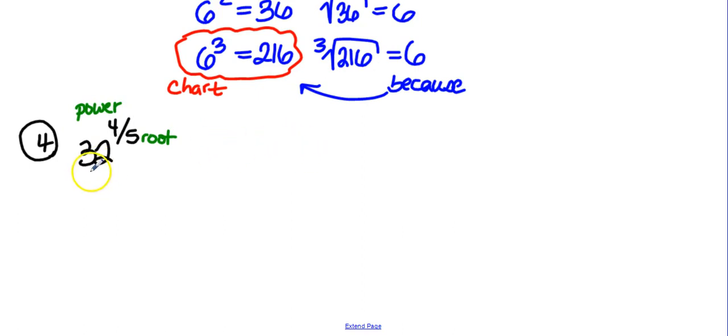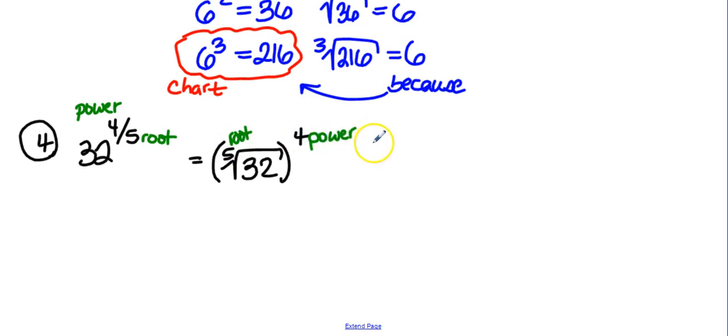So 32 to the 4/5 is the same thing as saying the fifth root of 32 raised to the 4th power. There's my root, power. You don't have to write what I put in green, but if it helps, do it. Fifth root of 32 to the 4th power.